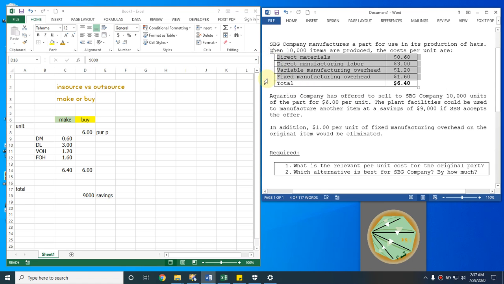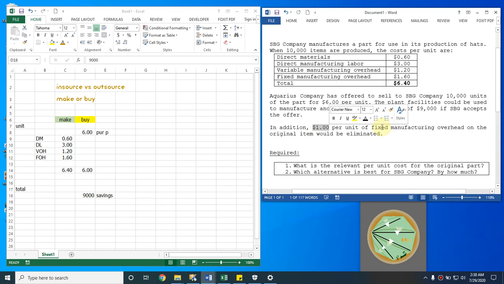But if the company will buy instead of continue to manufacture its product, then the company will have a savings of $1 per unit in terms of fixed manufacturing overhead, because the $1 per unit will be eliminated.